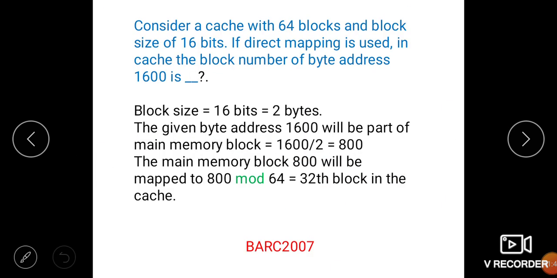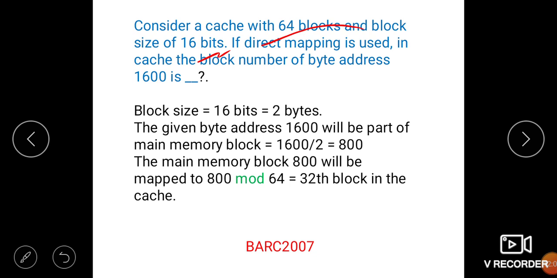Now this question: consider there are 64 blocks, and each block has 16 bits. If direct mapping is used, this is asked from the cache mapping technique. There are three types of different cache mapping technique. Cache is used to give fast performance.